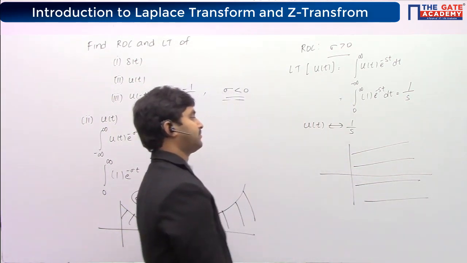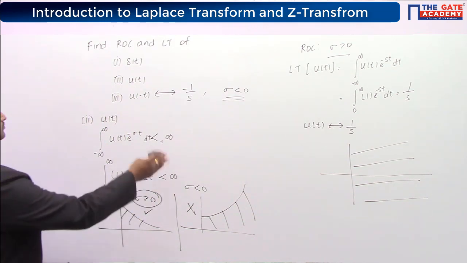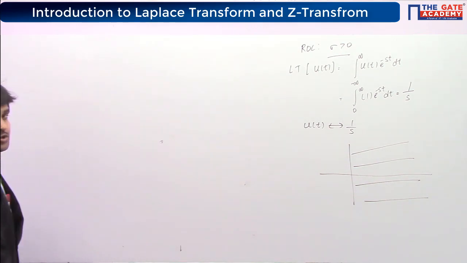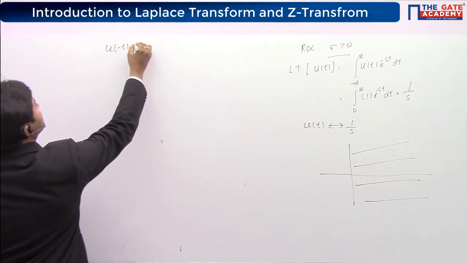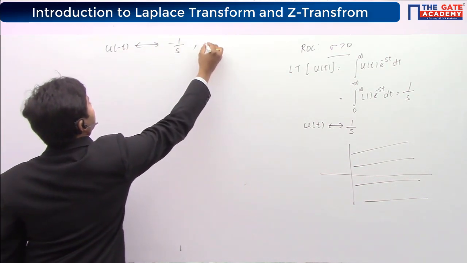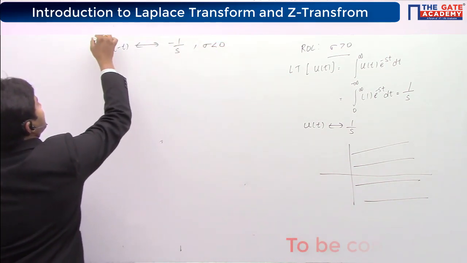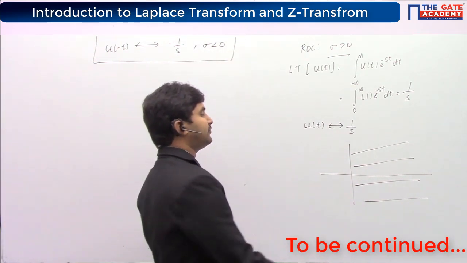So I request all of you to take this as homework, to find out whether you get the same answer or not. This is for u of minus t. We are taking the amplitude of it for t greater than 0.